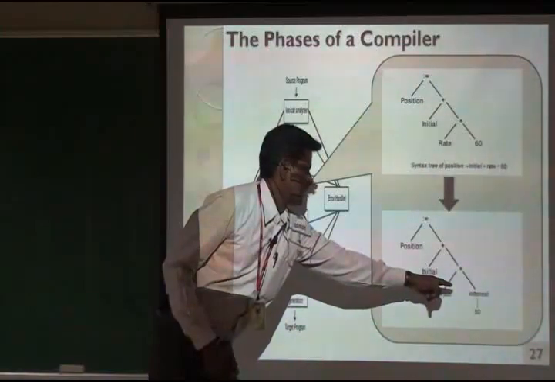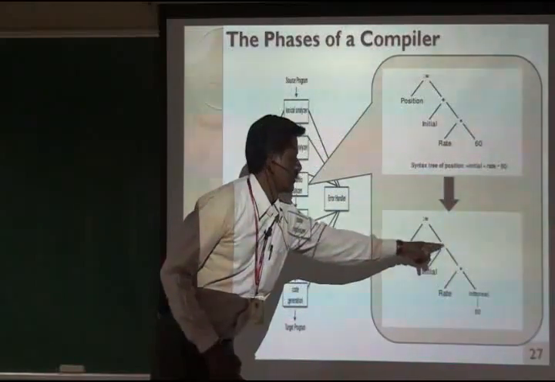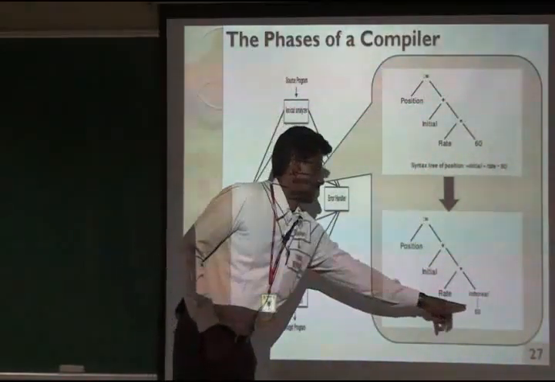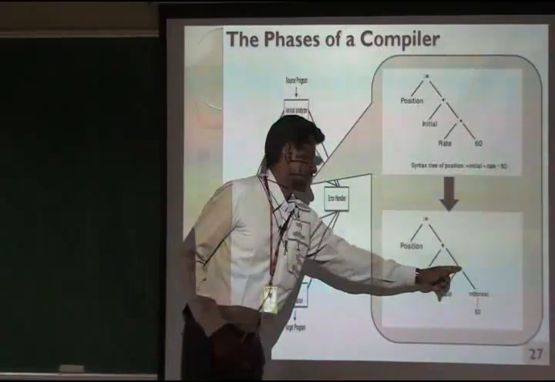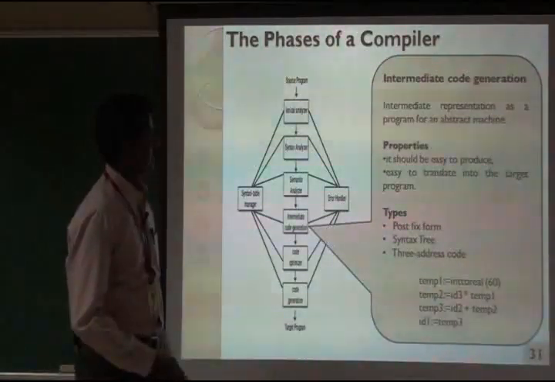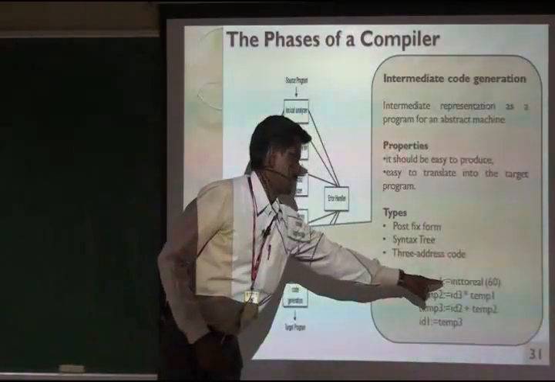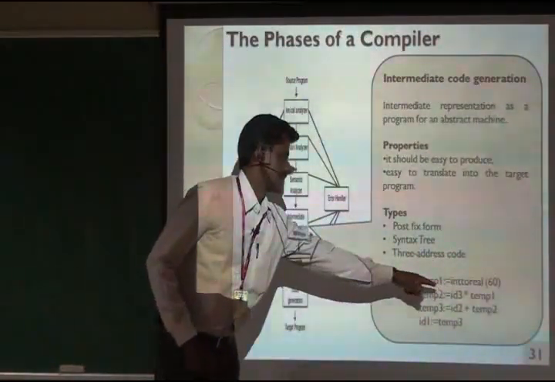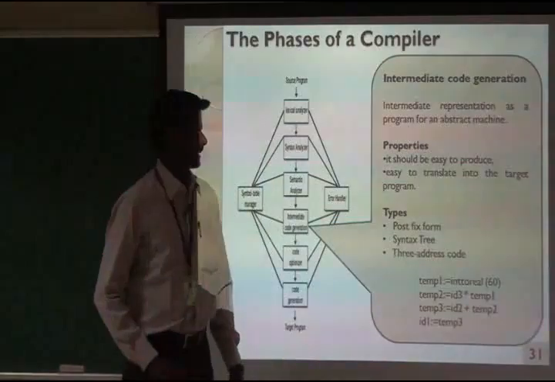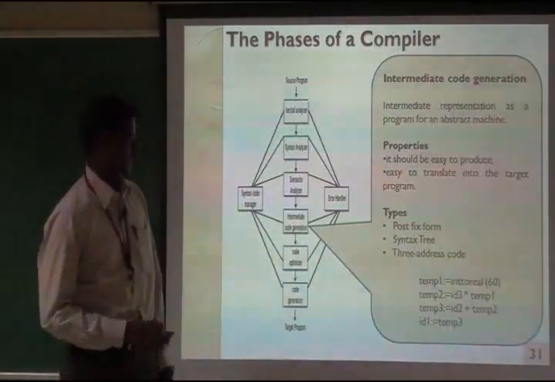The 60 is converted to real, then it goes for the multiplication, then the addition, then the assignment, right? Into real conversion, multiplication, addition and assignment. So the intermediate code is generated likewise. First it converts 60 to real, then that is multiplied with a temporary, then that is added to another temporary, and finally assigned to the identifier. Okay.